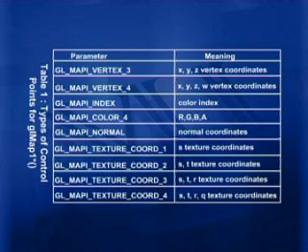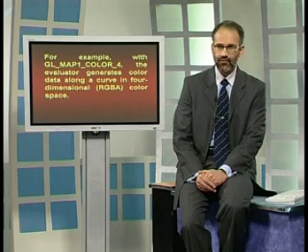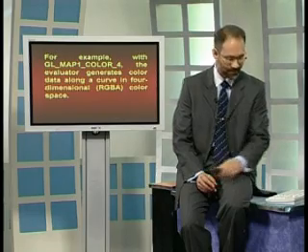GL_MAP1_NORMAL gives us normal coordinates. GL_MAP1_TEXTURE_COORD_1, 2, 3 and 4 specifically are talking about the texture coordinates S, ST, STR and STRQ respectively. So for example, with GL_MAP1_COLOR_4, the evaluator generates color data along a curve in 4-dimensional color space, or to be precise, RGBA.